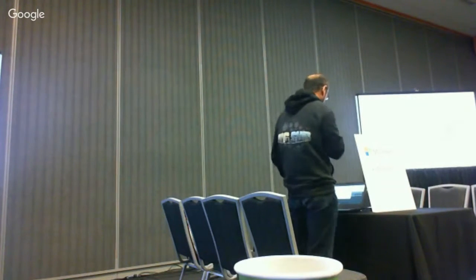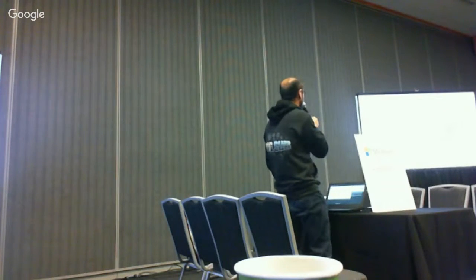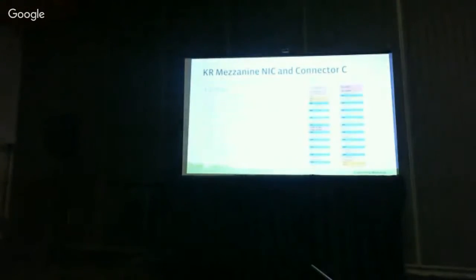Okay, next we will spend some time explaining what NIC is and where it comes from. Taking a step back, before NIC we had Connector A and Connector B. Originally we only had one connector, Connector A, and that's supported by PCIe.